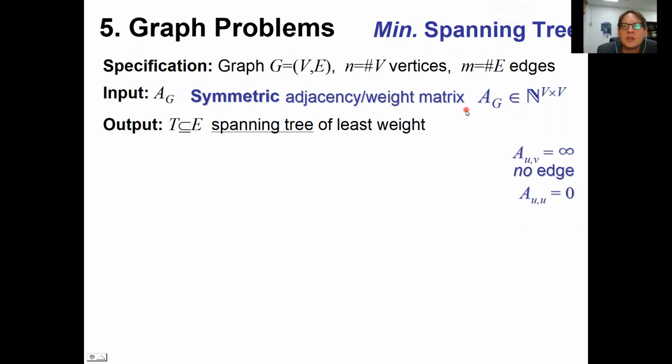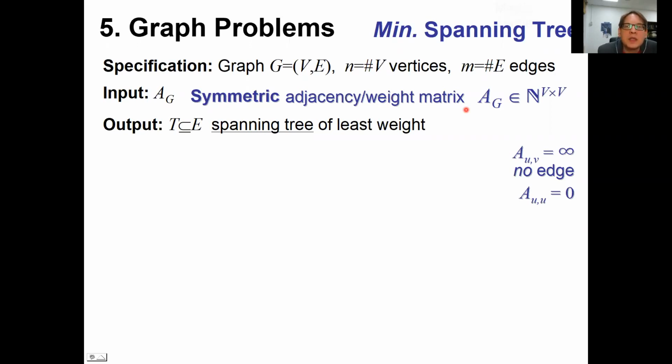And as usual, we start by focusing on the specification. What is the minimum spanning tree problem? The input is, as usual, a graph, more precisely an undirected graph. This is important here.